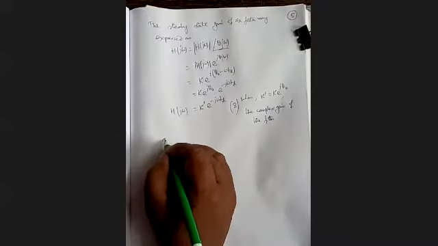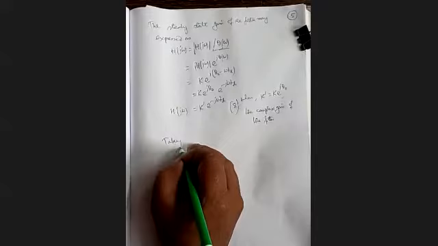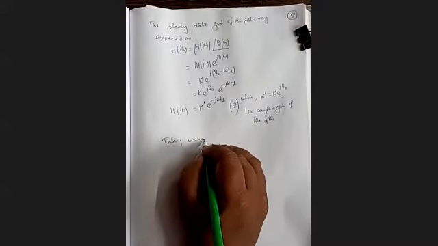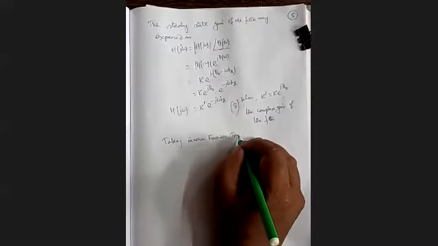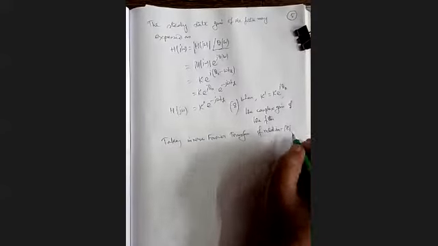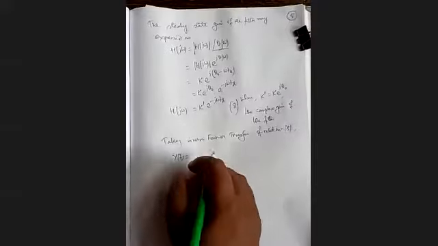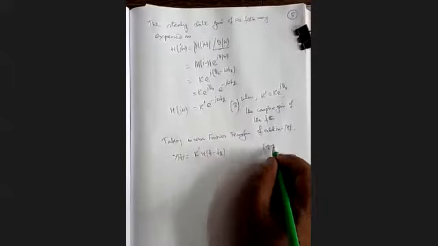K' is constant, obviously, but it is a complex gain. So taking the inverse Fourier transform of relation 8, y(t) equals K' x(t minus td). This is relation 9.